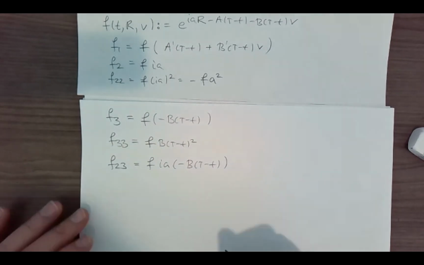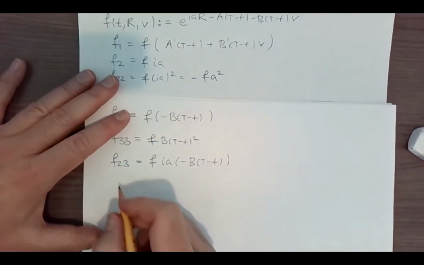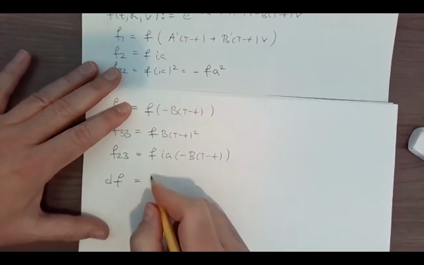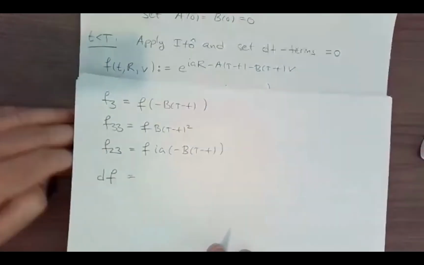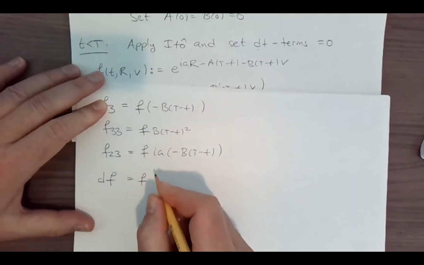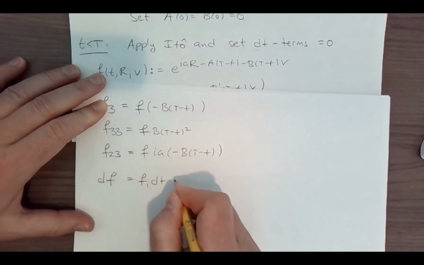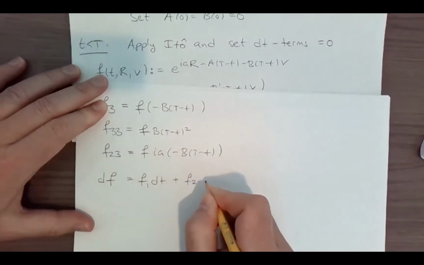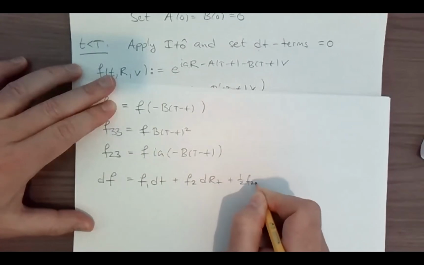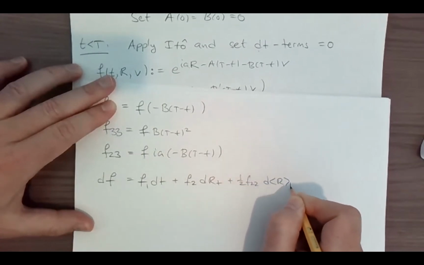And then we plug it into Ito's formula. Ito says that if I take df, I'll get f1 dt plus f2 dr plus 1/2 f22 and then the quadratic variation of r.